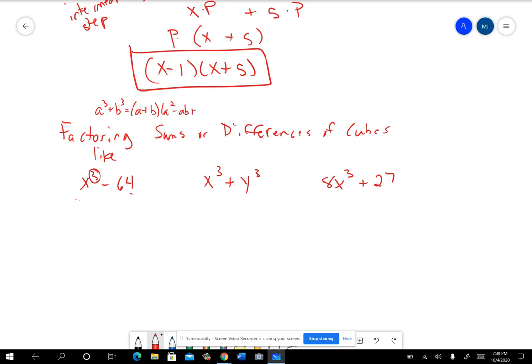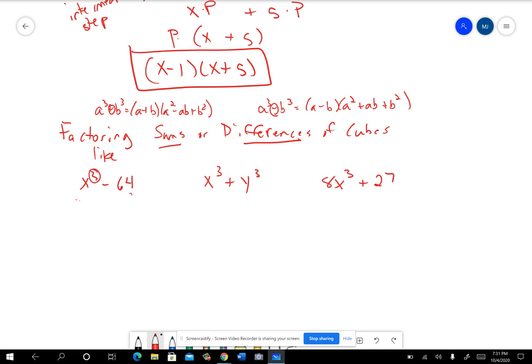Here's the formula for the sum of cubes. And for the difference of cubes, it's very similar. It just starts with minus between those and then turns into plus. There's the formula for the difference of cubes. So difference and sum of cubes.